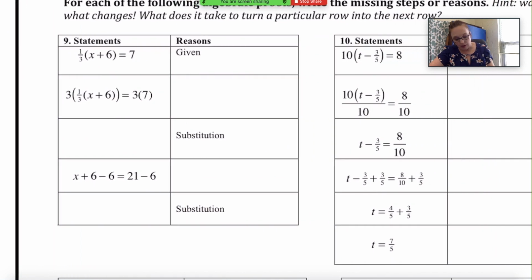So this time, you're actually going to have to do a little bit of solving the equations and writing down the reasons. So if we start off the first statement, that's been given to us. And then what did they do from the first row to the second row? So for this row, it looks like I have a times 3 on both sides. So they used the multiplication property of equality.